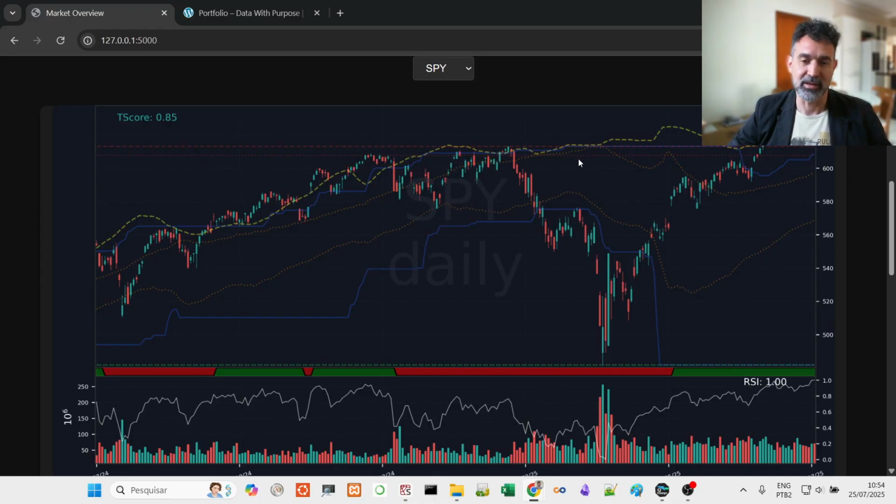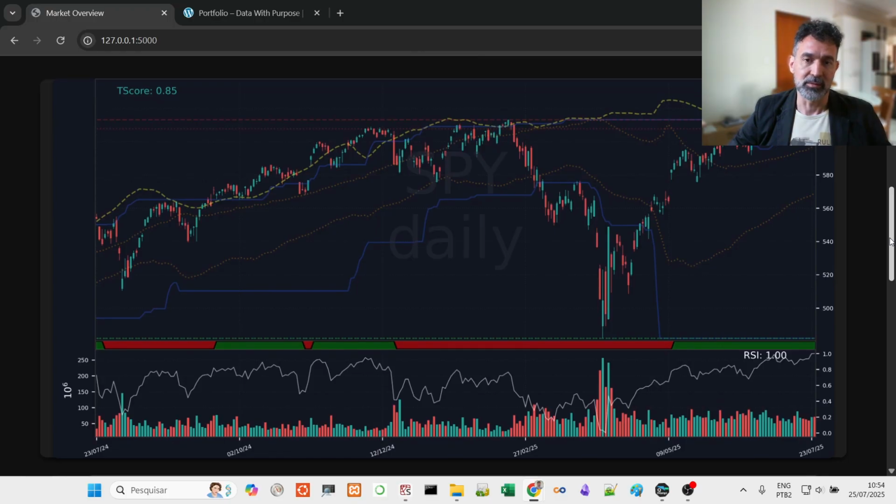It's a score I created to measure the trend. Down here we can see the RSI, a relative RSI based on previous information, and the volume bar.